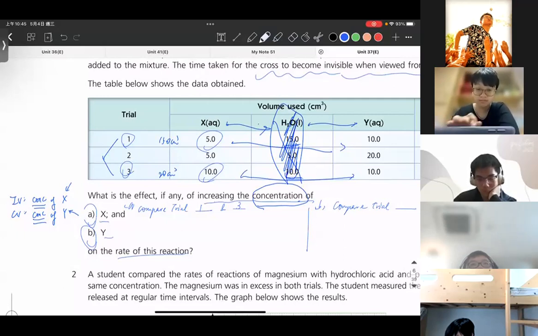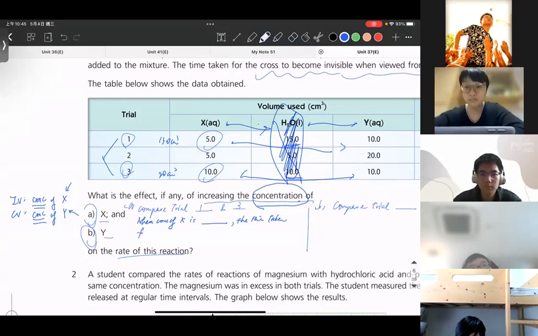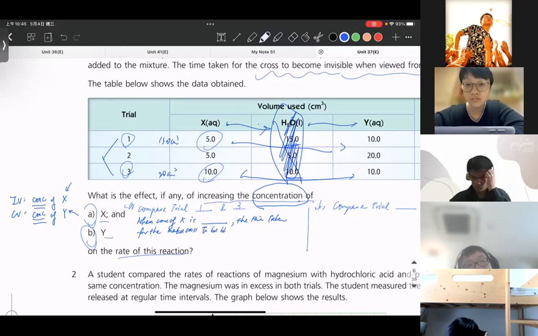How does the concentration of X affect the rate of reaction?